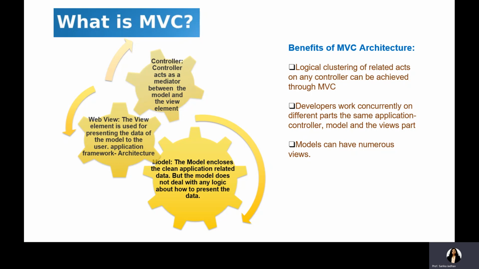Now let's see what a model is. The model encloses the clean application-related data. But the model does not deal with any logic. Here in the model, we create our database connections.